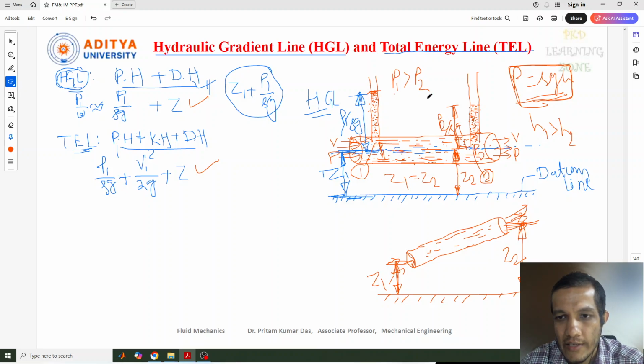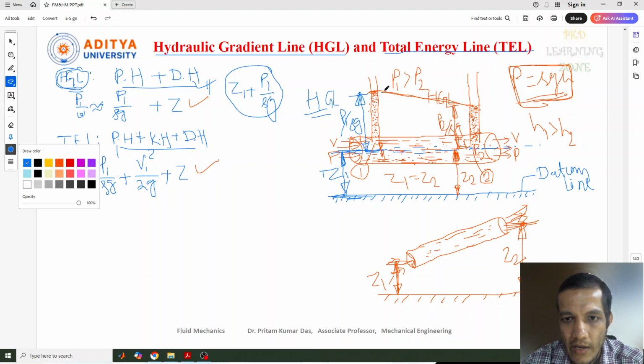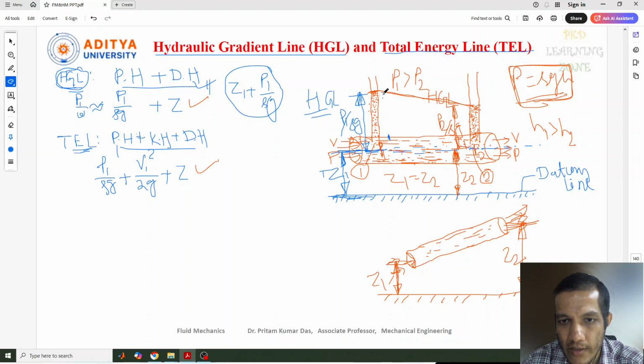Now this inclined line is called the HGL, the hydraulic gradient line. If you see, this is the first position. Now if I take a second position here and put a tube, I can find that the level of water comes a little bit down.